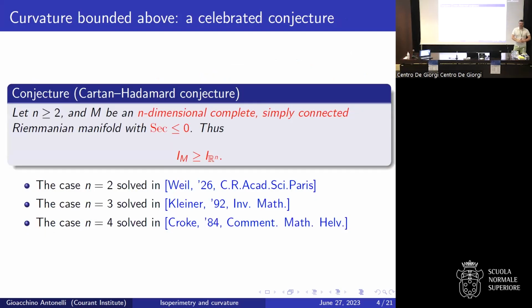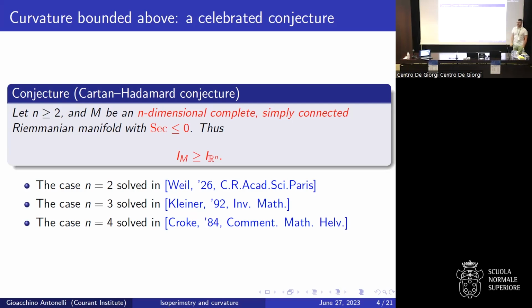Let me talk for a moment about the case in which the curvature is bounded above. There is a celebrated conjecture that has resisted more than a century of attempts by many mathematicians. One of them solved it in dimension 3, Kleiner, in '92. I never tried to really understand all the literature behind it, so I'm just mentioning it because I think it's nice.